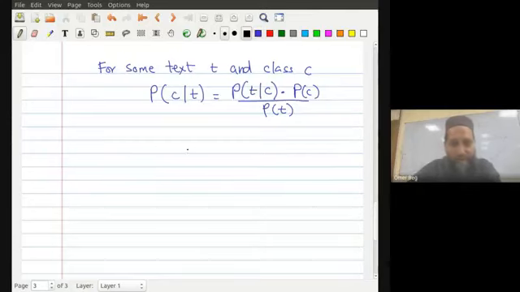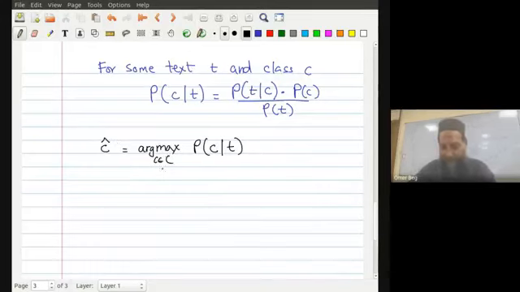Because what we actually want is the highest probability of class C given T. As I said, we will be calculating this probability for all the possible classes for a given text, and that means we'll be taking argmax over the classes and saying, okay, this is the predicted class, the best class that our model is telling us.